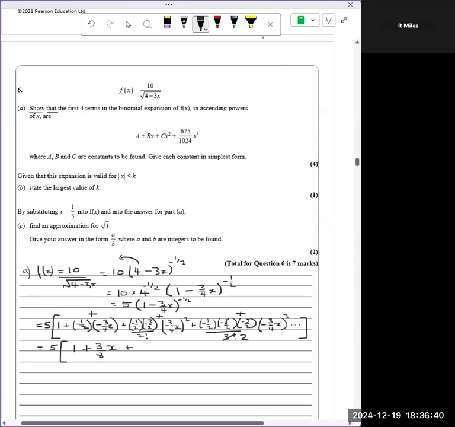So it's a half times 3/2 times 3/4 squared, which is 9/16. 9/16, and then I need to divide that by 2. So that is 27 over 128. So that is the x squared term.